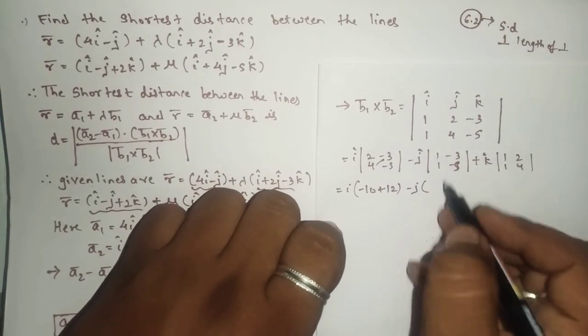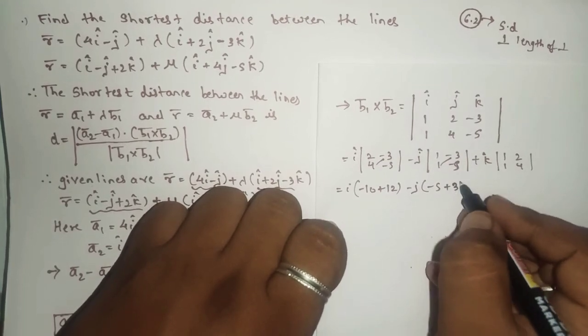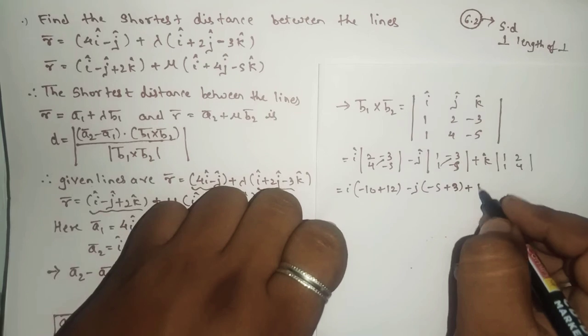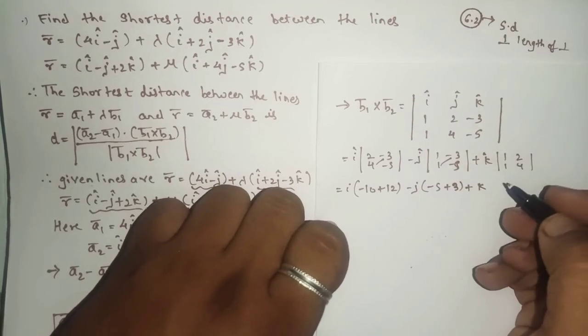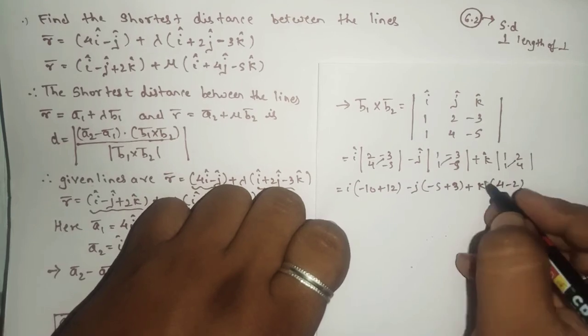Minus j: this will be minus 5, and here we have the opposite sign, so plus 3. I hope you all know how to solve the 3 by 3 determinant. So this will be 4, and this will be minus 2.